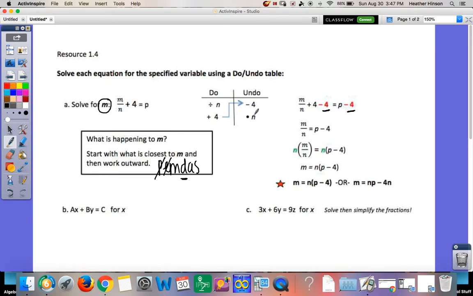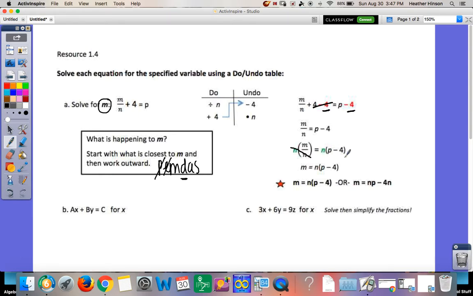And then it cancels out your 4 minus 4, leaves you with m over n, and then it subtracts 4 to the other side, so p minus 4. And then instead of dividing n, we're going to cancel it out by multiplying. So n times that whole fraction will cancel out your n, leave you with m, and then we multiply n on the other side.